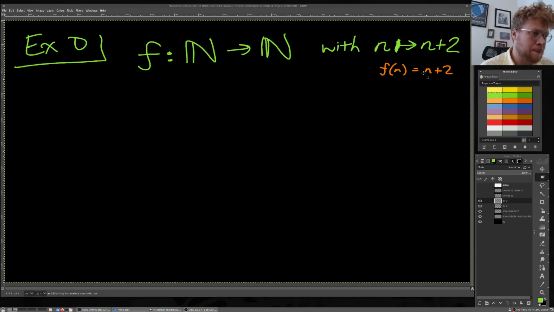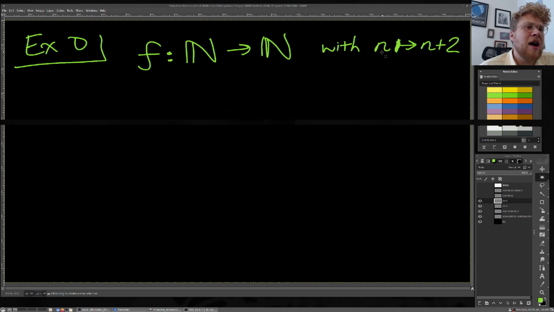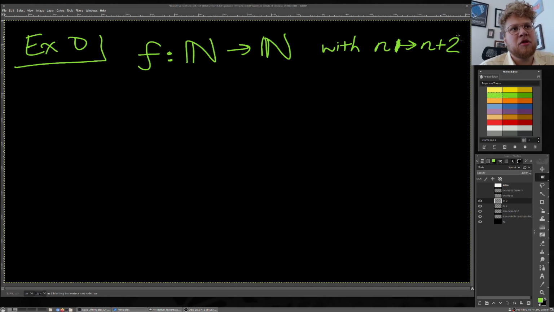Okay. Anyway, this should be an injection. You can imagine that any two different values, well, it's always going to map the two above it. So if I have any two values here, okay, why don't I just draw it?